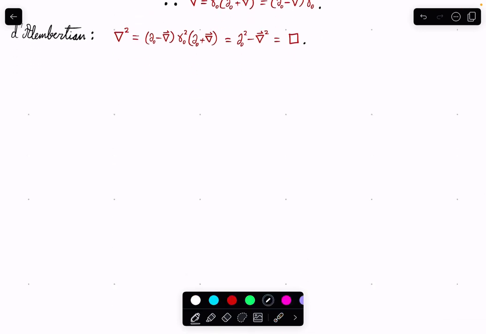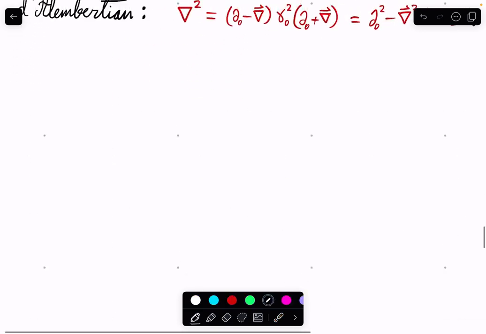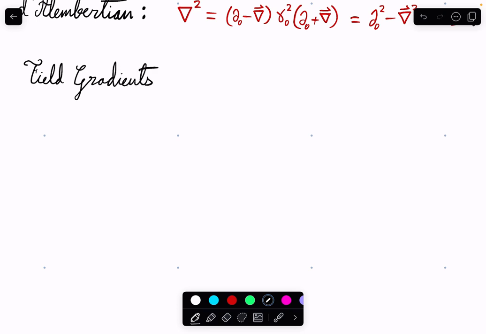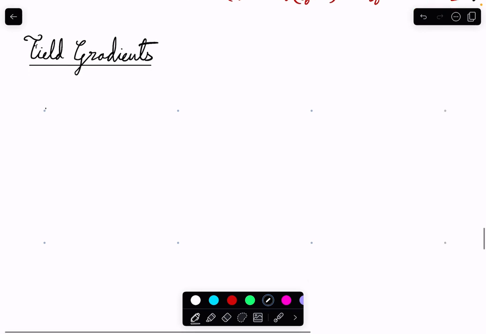Now let's look at field gradients. There is a general pattern. So if you have 1, 2, 3, 4, 5.